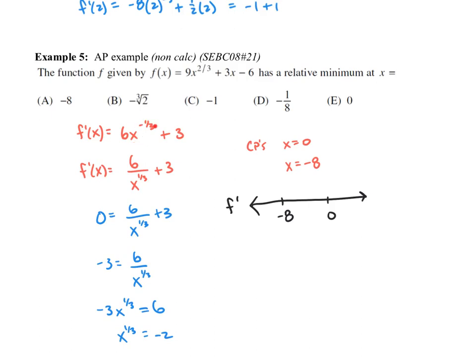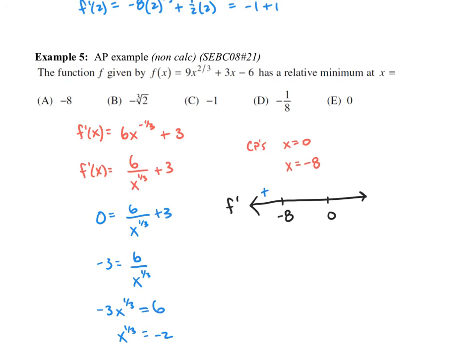If we put in -27, -27 to the -1/3 power is -1/3, times 6 is -2, plus 3. So we end up getting a positive value here for -27. That just means that entire region would be producing positive values.